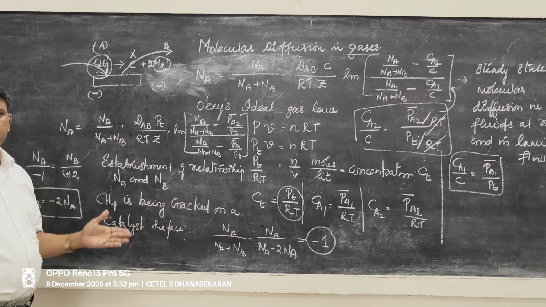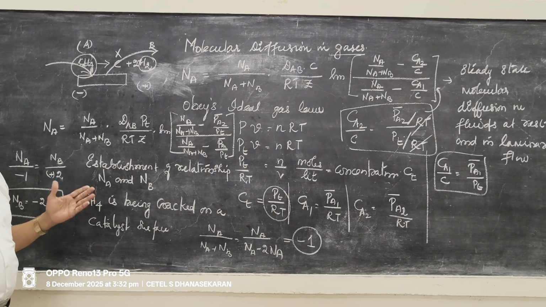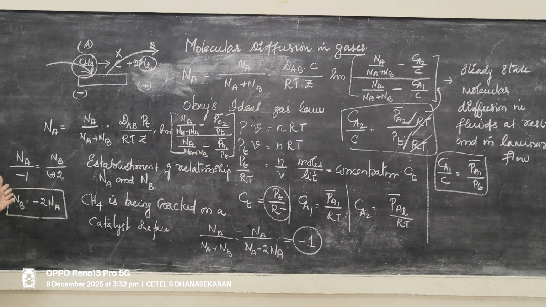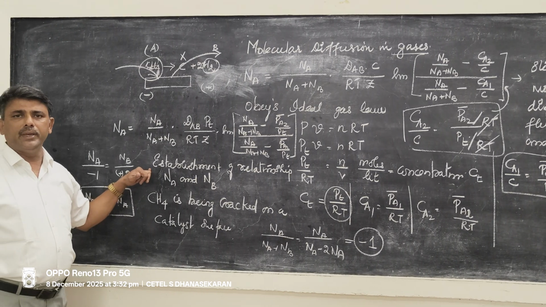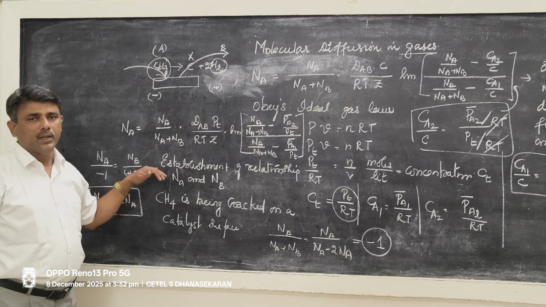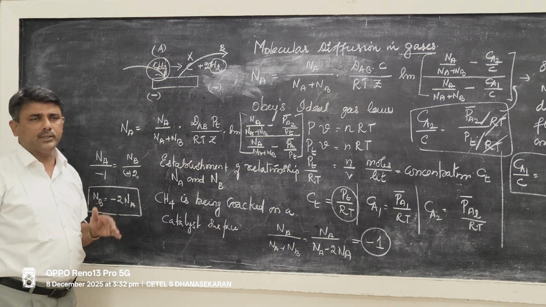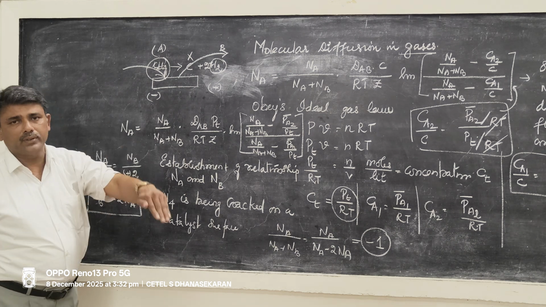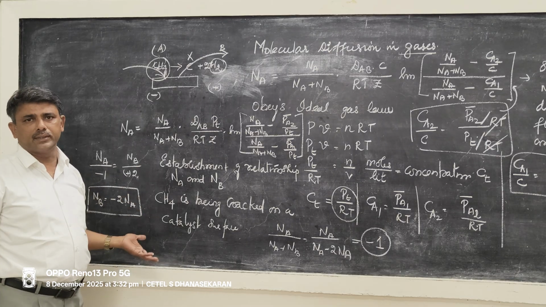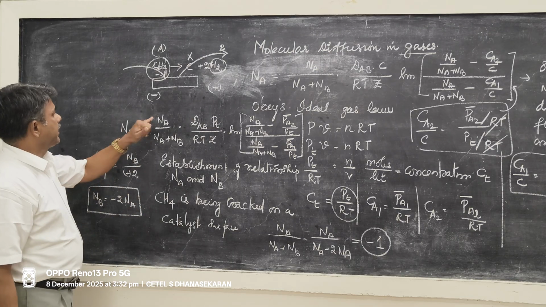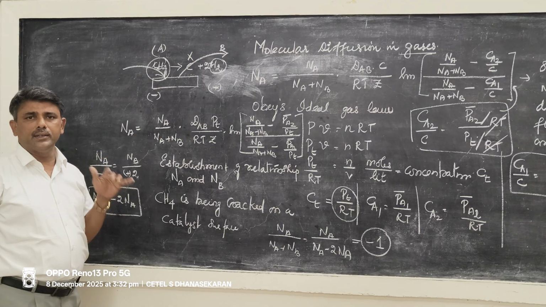And establishment of the relationship between NA and NB is essential. For example, let us consider catalytic cracking of methane. Methane is being cracked on the catalyst surface. During the cracking process, methane enters the surface of the catalyst. The produced hydrogen moves away from the catalyst. Both are in different directions. Establish the relationship between rate and stoichiometric coefficient.